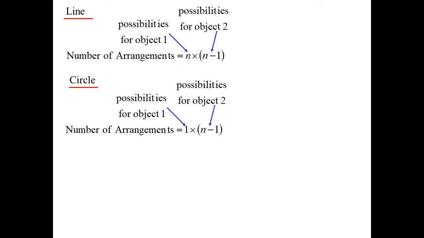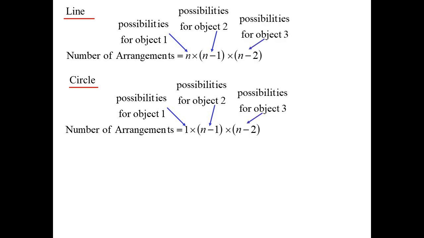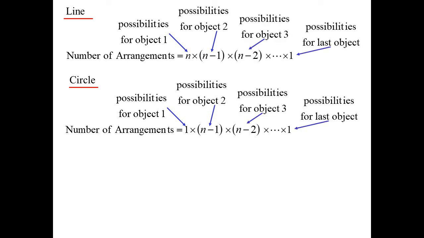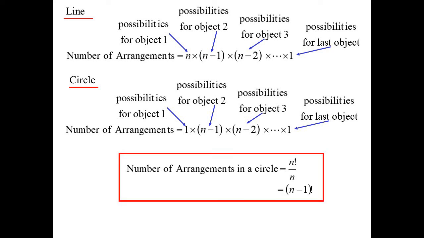So we can come back to n minus 1. And the third object would be the same, and so on all the way until we get to the last object. So the difference is basically n factorial, but we divide it by n, the number of ways we could have placed the first object. Well, in effect, that's just n minus 1 factorial. So if it's in a line, n factorial. If it's in a circle, we just take 1 off, n minus 1 factorial.